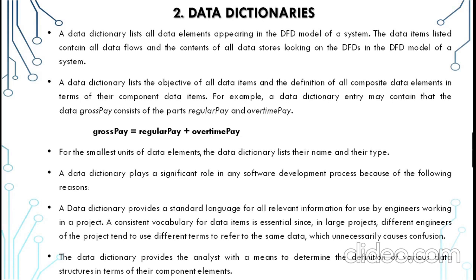Different engineers of the project tend to use different terms to refer to the same data, which unnecessarily causes confusion. So this is how the data dictionary is used in software design to give the attributes about the data, and it tells about the data which we are using in our software, like gross pay equals regular pay plus overtime.